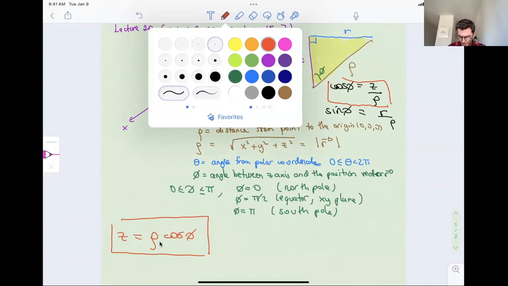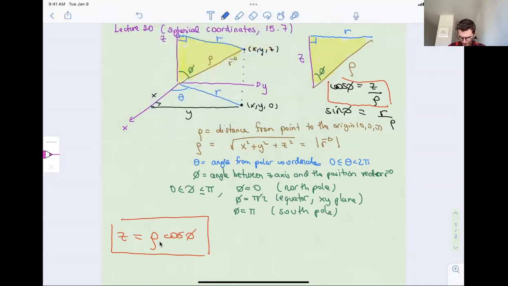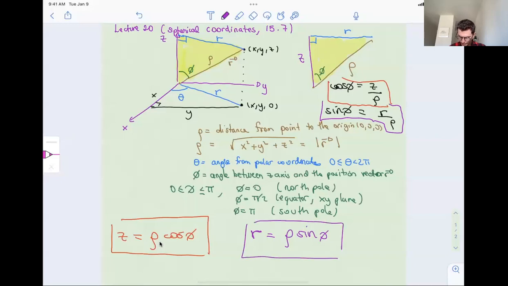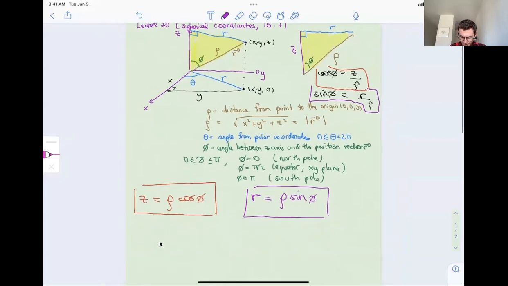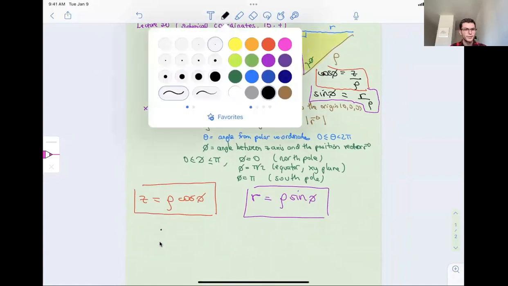And then if you look at the second equation, it tells you that r, the r from cylindrical coordinates, is rho sine of phi. And how is this useful? Because remember, this is the dictionary. Sorry, now we're ready to write the dictionary.